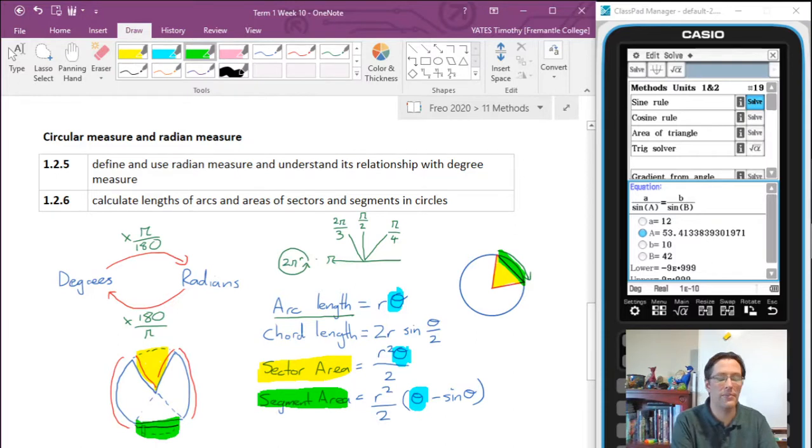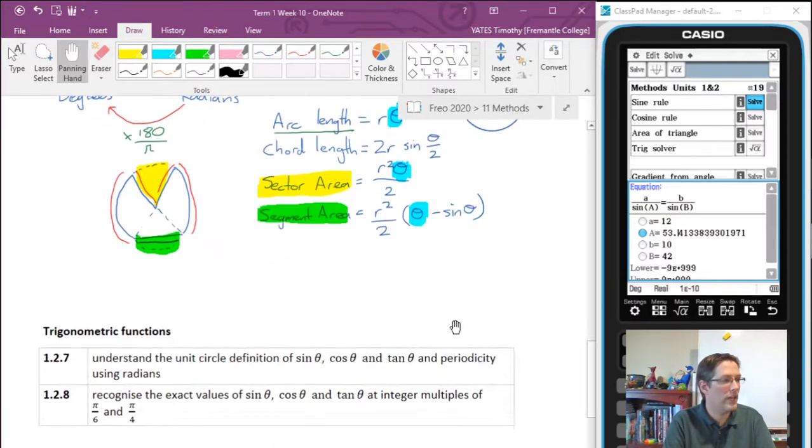Now, I think that in the practice questions that I've assigned that are due next term, I've actually got a question where you need to do that. So we should be able to do that with what we know. Those are some examples of the kind of stuff that we need to be able to do.